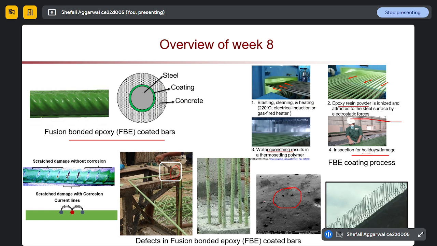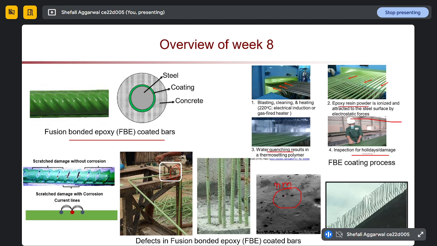In our epoxy coated rebar, these types of holidays are very common, unless you have a very good production of your coating. If you are pouring epoxy over the rebar in multiple steps, then we can say that our coating is very good. Otherwise, they can be in nanometers also, not necessarily visible to the naked eye. So these small holidays can be there.